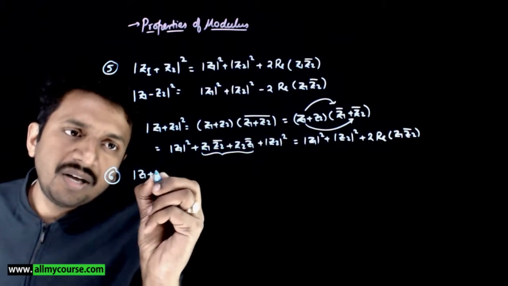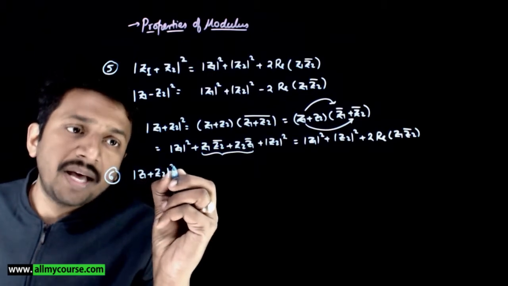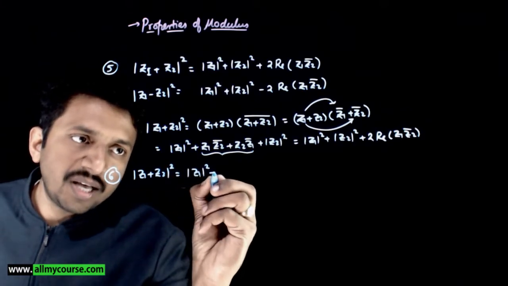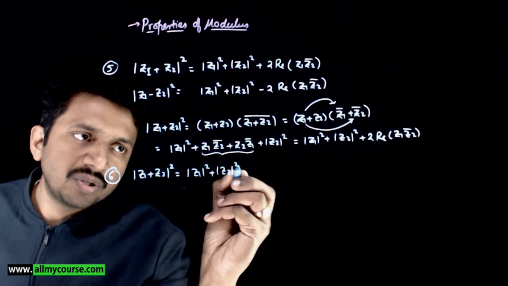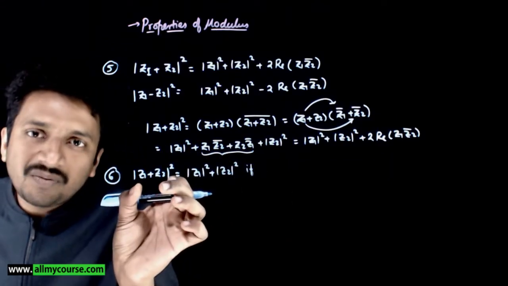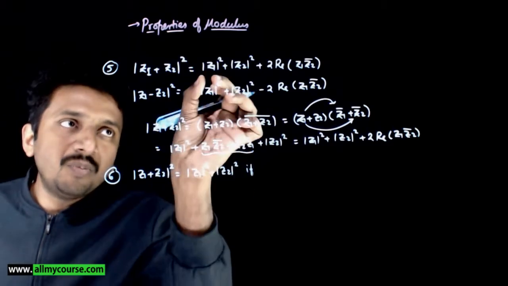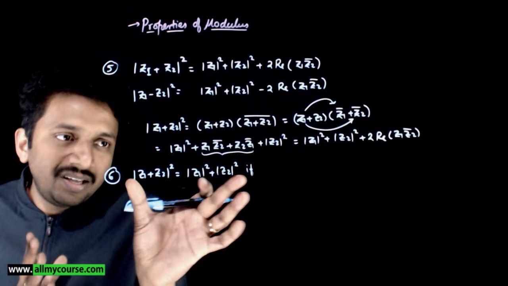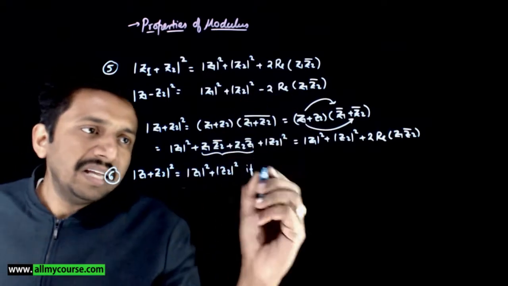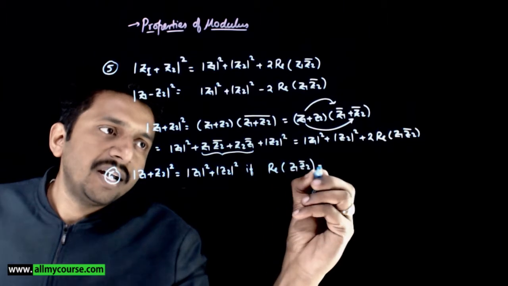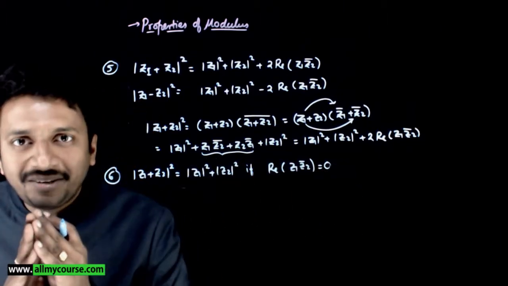The next property closely related to this is modulus of z1 plus z2 whole square is equal to mod z1 square plus mod z2 square if... So when will that happen? Obviously from this formula, if this has to happen, then real part of z1 z2 bar has to be equal to 0, right?